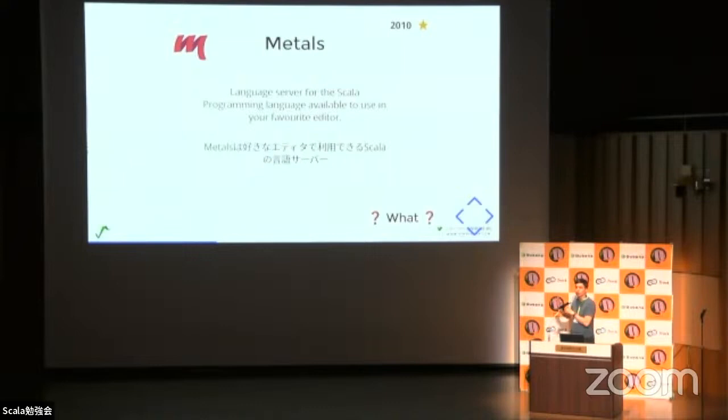It's available to use in any editor that you can use with LSP. LSP is a specification that allows us to make backend and frontend different things. So backend will be the language server that gives you information about the Scala language, and the editor will just present that using the information that we give to the editor.